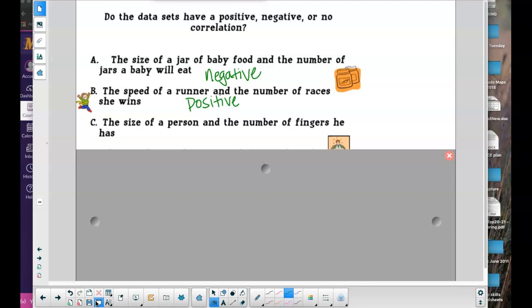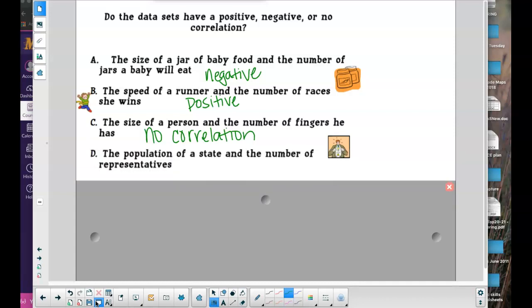So is this positive, negative, or no correlation? No correlation, right? Your size has nothing to do with the number of fingers you have. So letter C was no correlation.